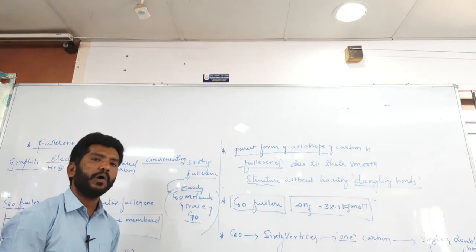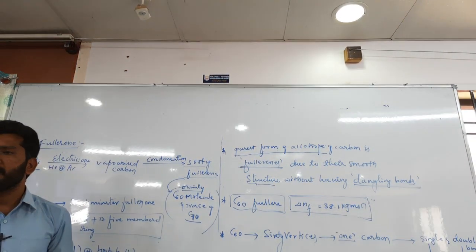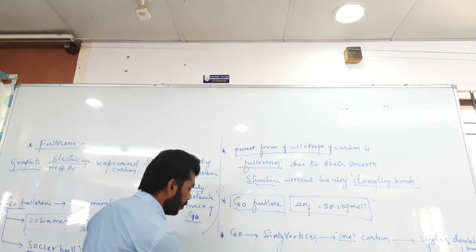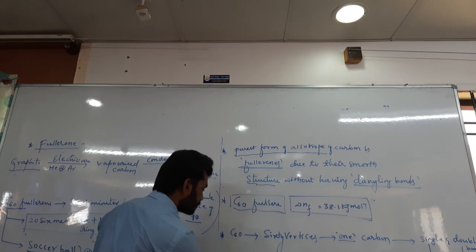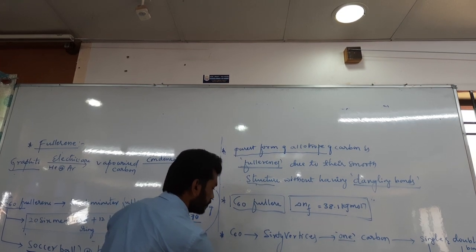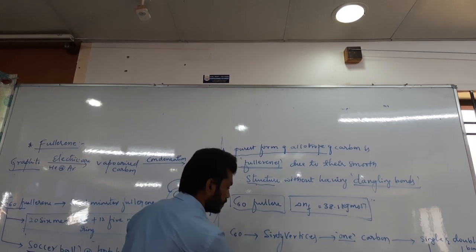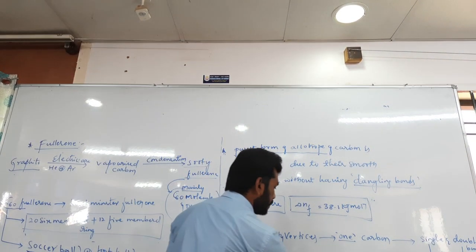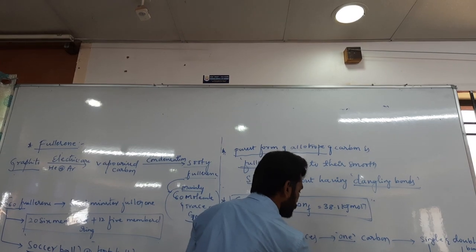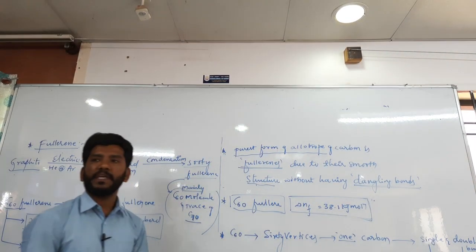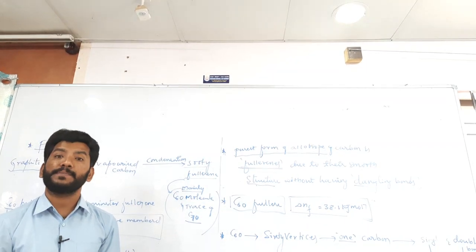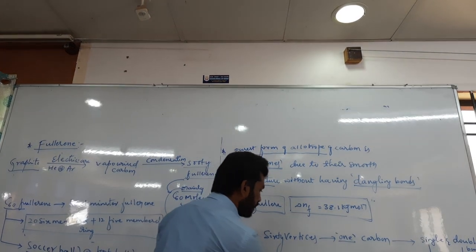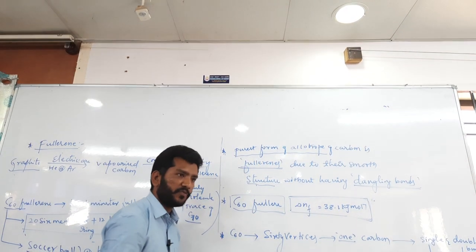All the carbon atoms are equal in the case of fullerene. And the hybridization, if you can see, is sp2 hybridization. In the case of fullerene they possess sp2 hybridization. So we must know all those particular things about fullerene.